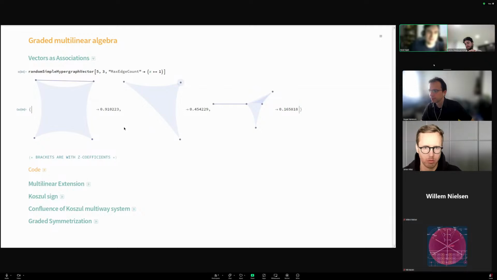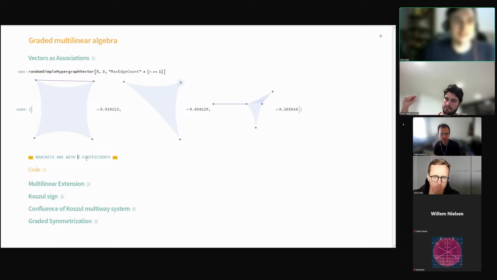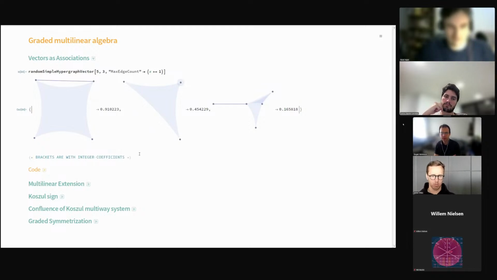And the results of the brackets are going to also have Z coefficients. So what's being associated here with the 0.91? Yes, so here are just being associated reals. I did not define any coefficients.